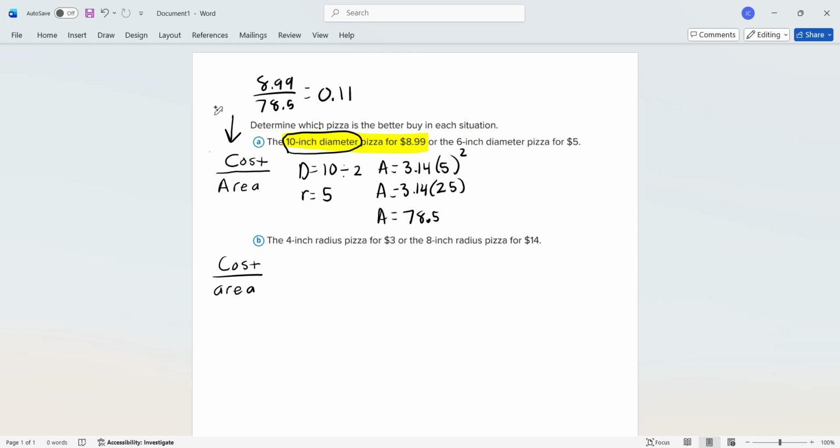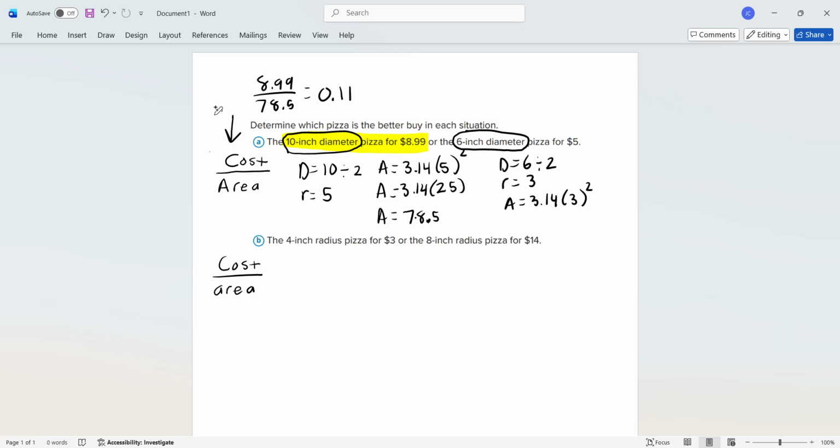Now that I got that part solved, I just need to solve the other part. Now I'm looking at the part that says I have a 6-inch diameter pizza. I know my diameter is 6, and I need to solve for my radius, so I'm going to divide it by 2. 6 divided by 2 gives me 3. So now I know my radius is 3. To solve for my area, I'm going to do pi, which is 3.14, times 3 squared.